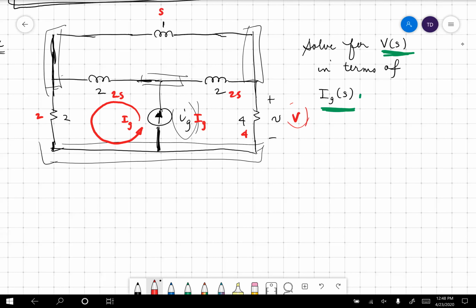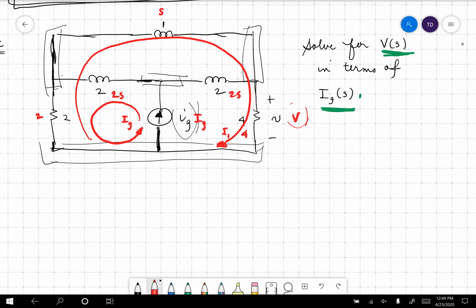All right. Now, I want one current that goes through this 4 ohm resistor, and this is the current I'm going to choose. You don't have to choose it. I'm going to call that I1, so let's label that right there.